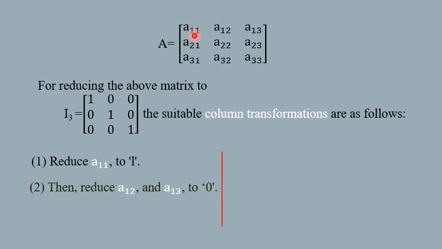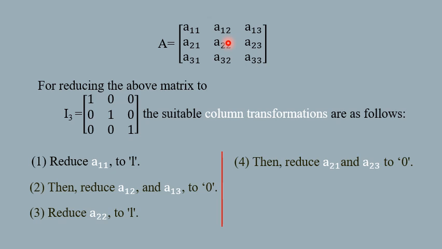Now in step 2, by using this first column, we have to reduce this element A12 and A13 to 0. In step 3, we have to reduce this element A22 to 1. Now in step 4, using the second column, we have to reduce this element A21 and A23 to 0.